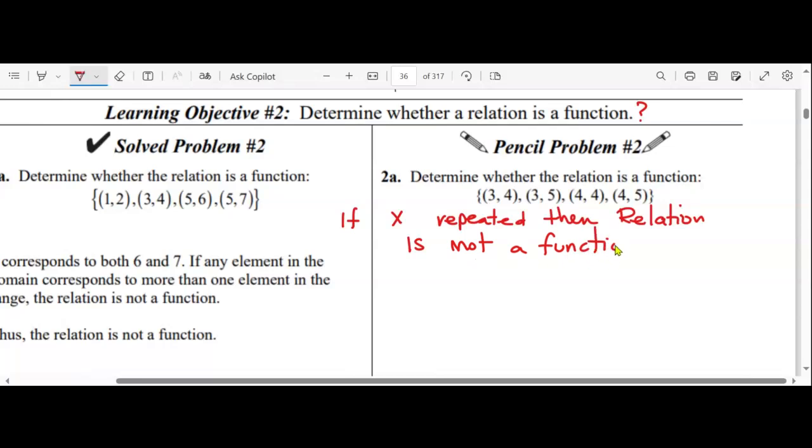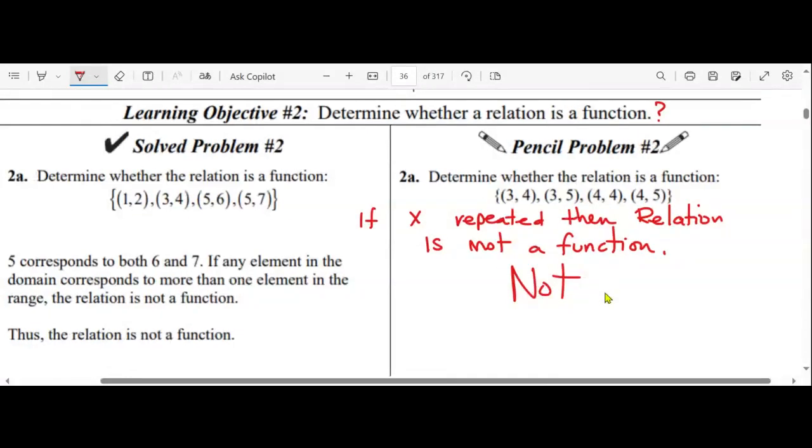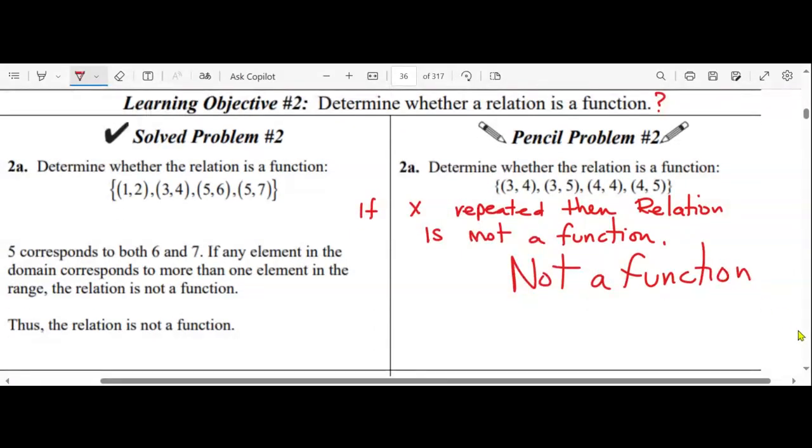Now, is x repeated here? Yes. So we write not a function. Is this clear? Yeah. Let's move to the next one.